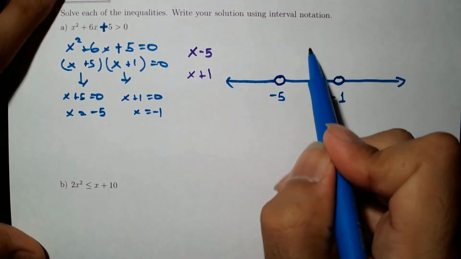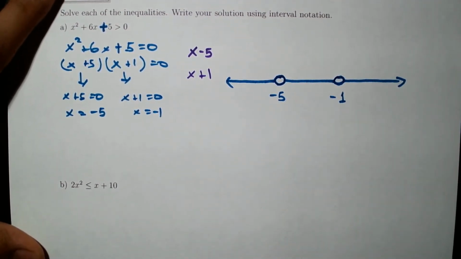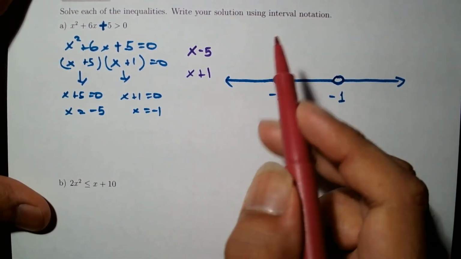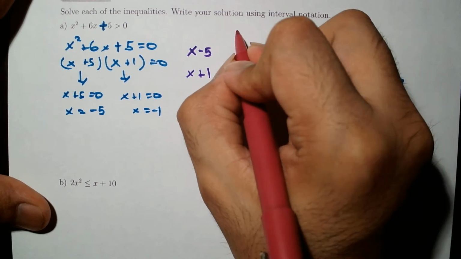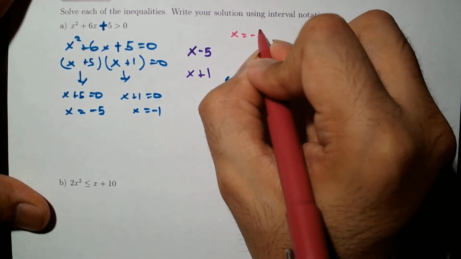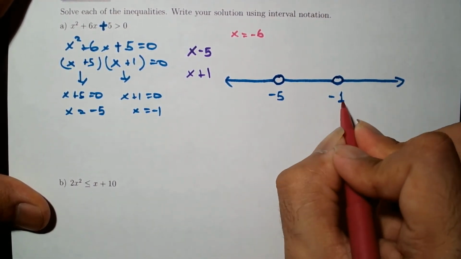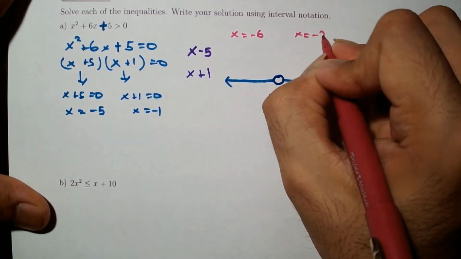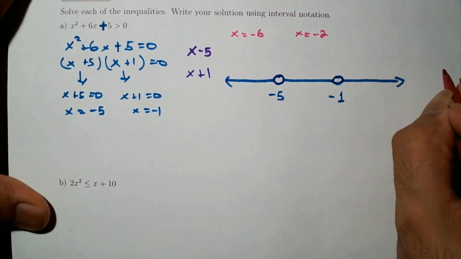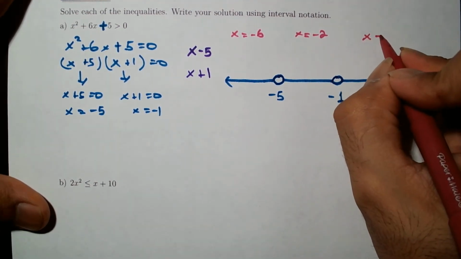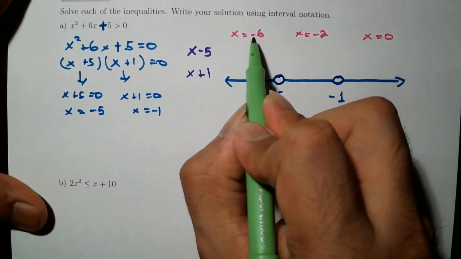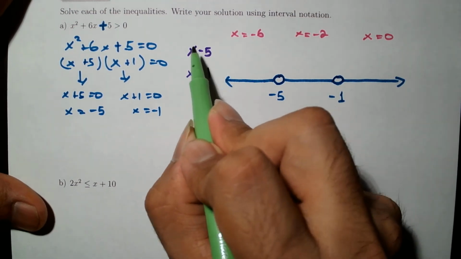I'm going to choose a test value in every single one of the intervals. For example, over here, I'm going to choose x equals -6. Between -5 and -1, I'm going to choose x equals -2, and between -1 and on, I'm just going to use the easiest, x equals 0. Then I'm going to plug in these numbers in pink over here into the quantities in purple.